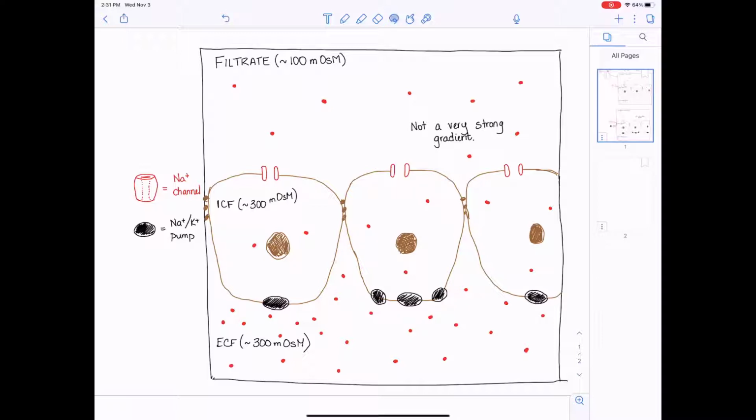Let's consider that scenario. Here you can see that I'm more aggressively kicking sodium out of the cell, which draws more sodium in from the filtrate. And as soon as that sodium comes in from the filtrate, it's almost immediately grabbed by one of those many sodium-potassium pumps and kicked out.